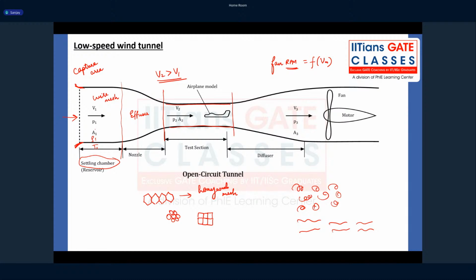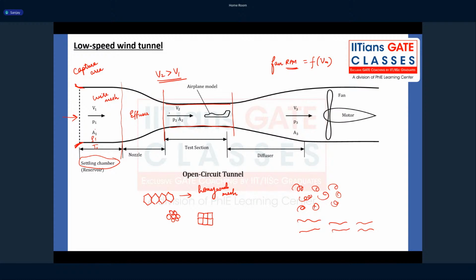Once you mount it in the test section, you switch on the tunnel, you will get the desired flow velocity that you want. And because there is a nozzle here, the velocity has increased, the pressure has dropped. You know from Bernoulli's equation what happens, right? Pressure decreases, velocity increases.